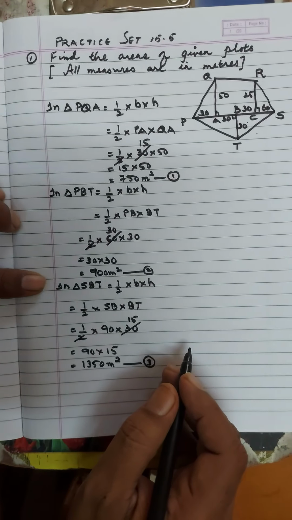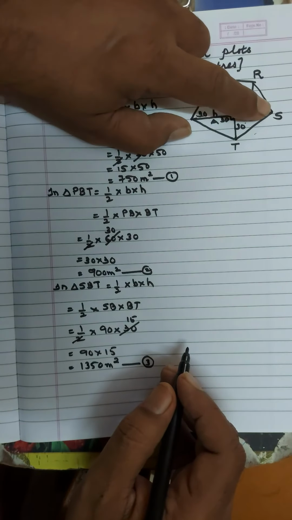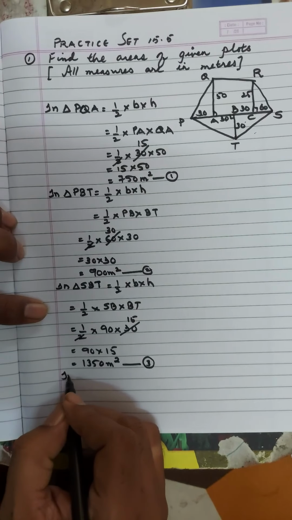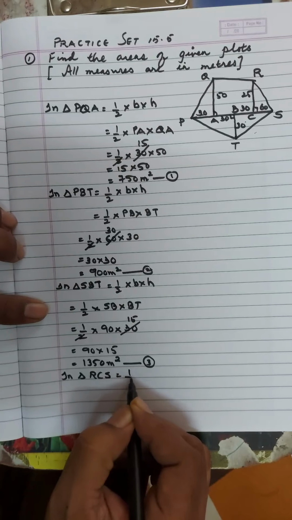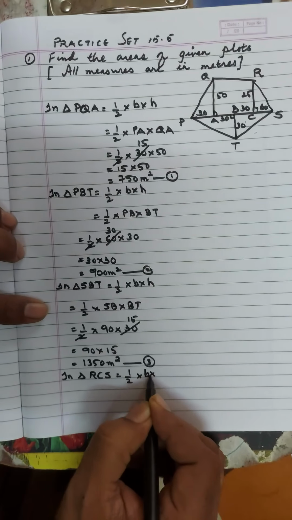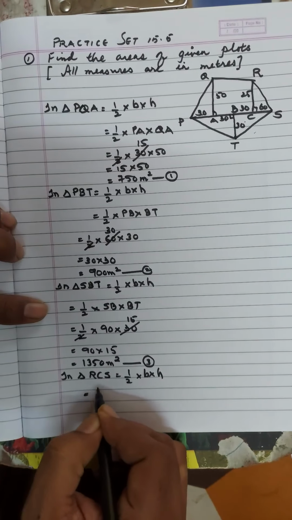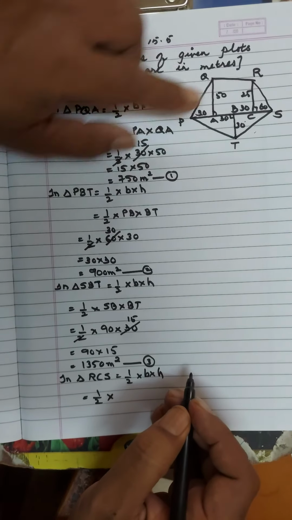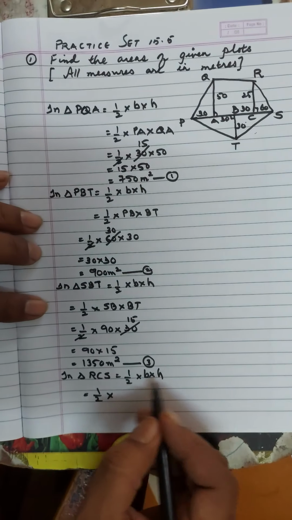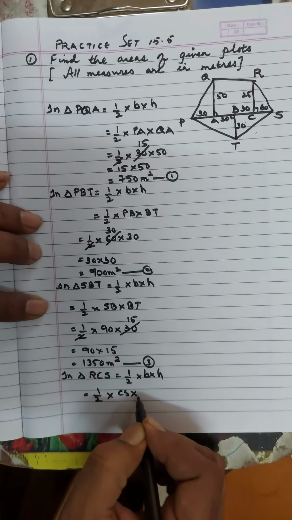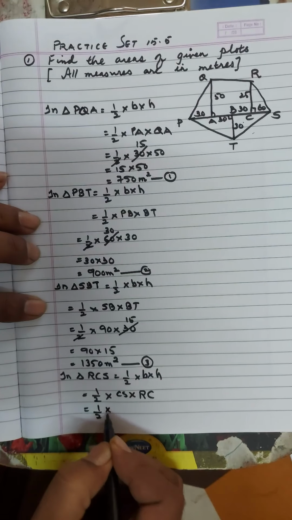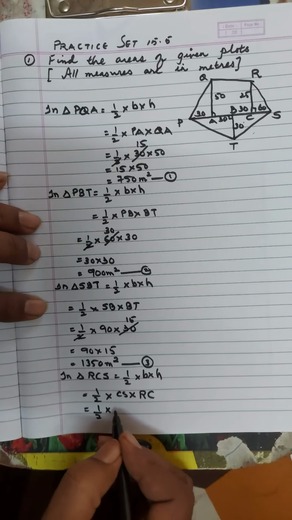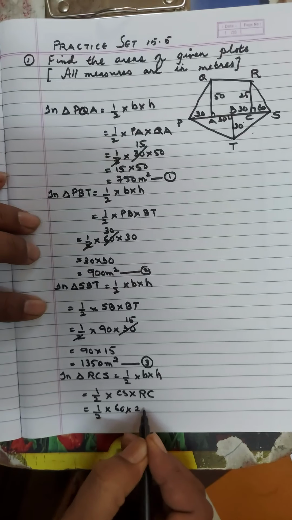Now similarly, one more is there, RCS. In triangle RCS, area is 1 upon 2 into base into height. The base of RCS is CS and the height is RC. Substitute the values: 1 upon 2 into CS is 60 and RC is 25.